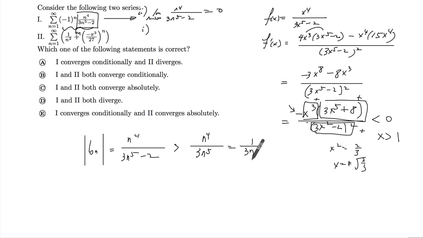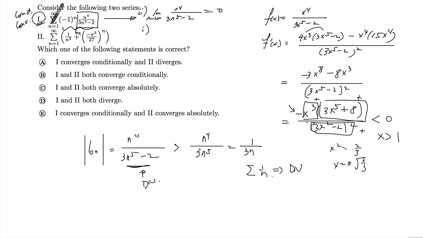We know that the sigma of 1 over n is a harmonic series and it's divergent. And this is bigger than the harmonic series, so this is also going to be divergent, meaning this is conditionally convergent. It's not absolutely convergent for the first one.